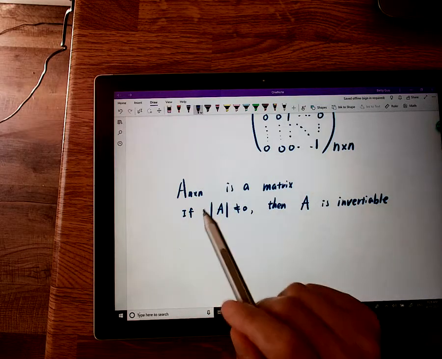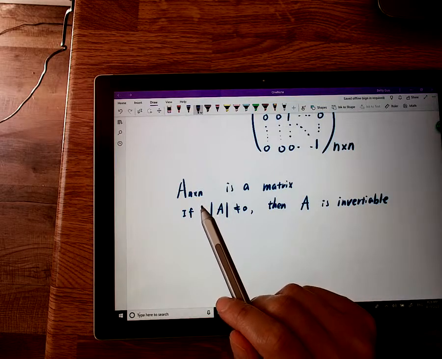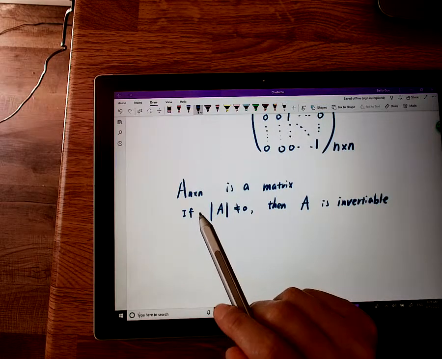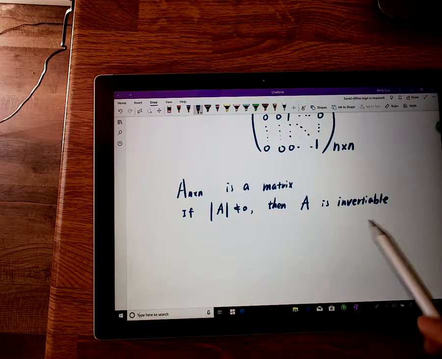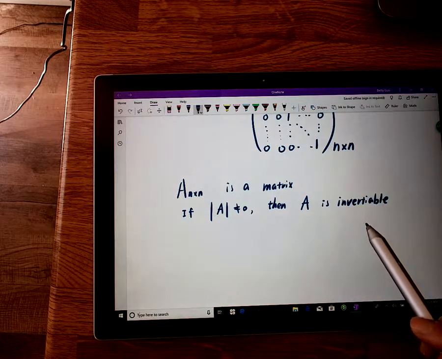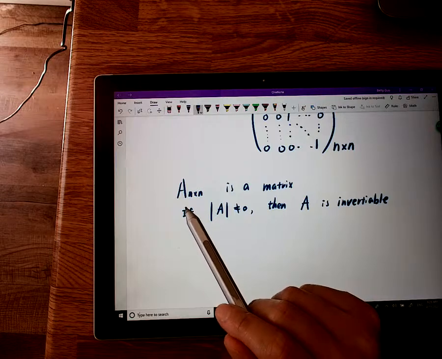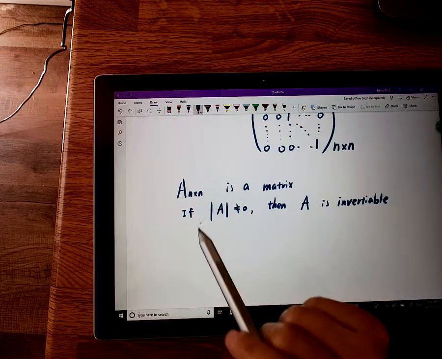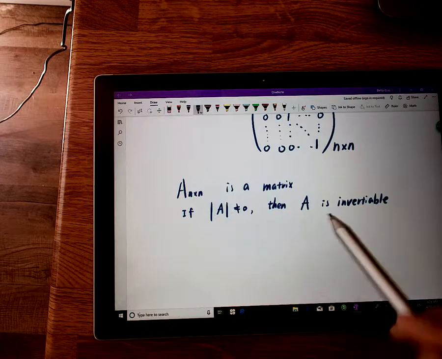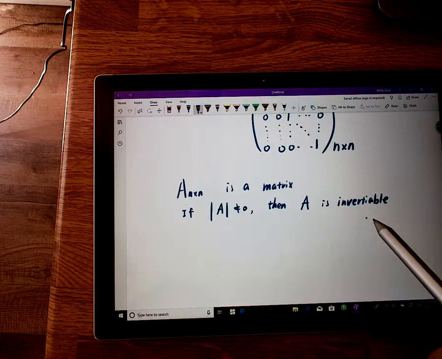One more time. If the number of columns and number of rows of the matrix are not equal to each other, then the matrix is definitely not invertible. That matrix definitely has no inverse at all. So we only talk about n by n square matrices. If the determinant of the square matrix is non-zero, then we say the square matrix A is invertible.